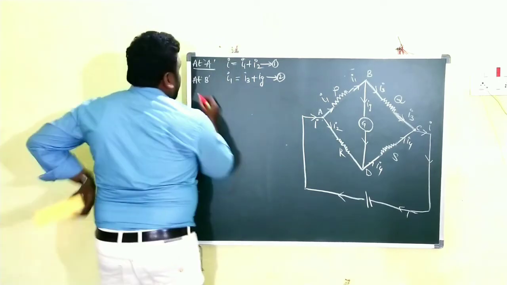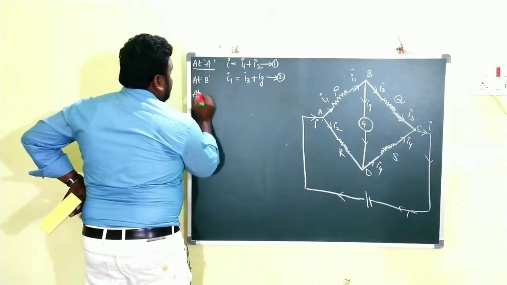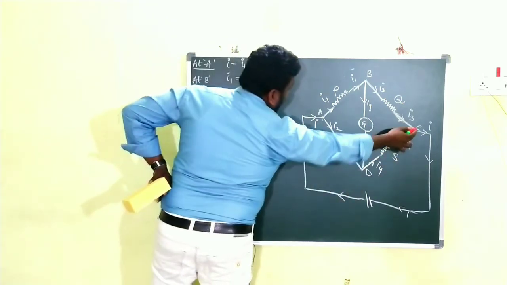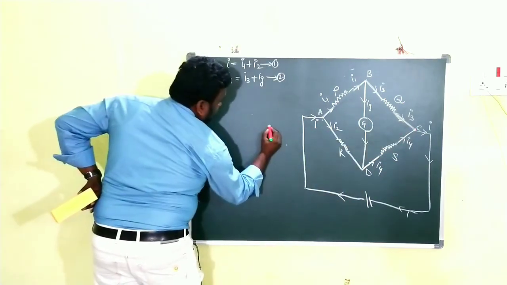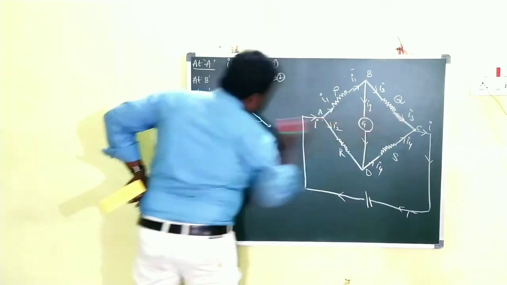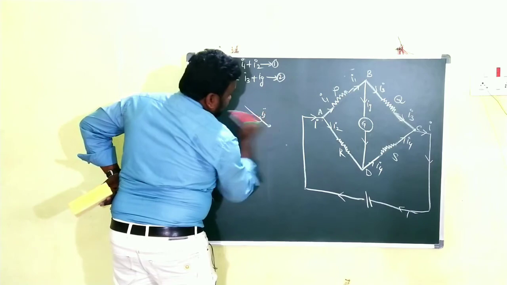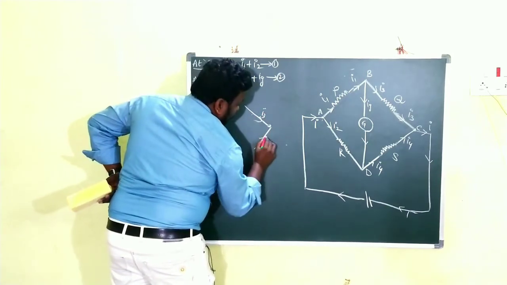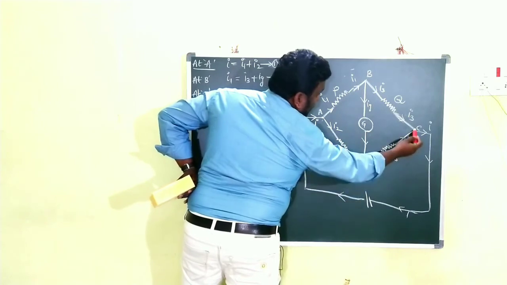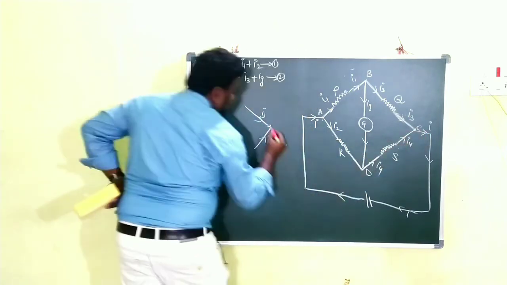And next, at the junction C, what is the junction here, children? It looks like this. I3 is entered and I4 is also entered. This is C. And what is leaving?